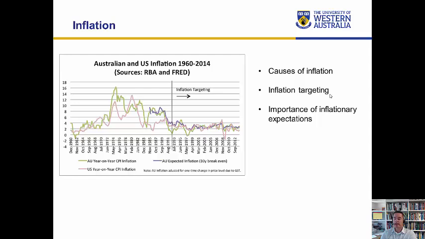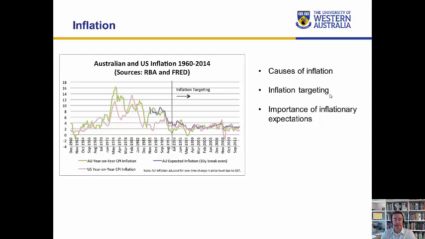Now, in Australia, the inflation target that we have is 2 to 3%. And what you can see there is that over time, since the early 1990s, the Central Bank of Australia, the Reserve Bank, has been incredibly successful in keeping inflation between that 2 to 3% target. Now, the target is different in different countries.